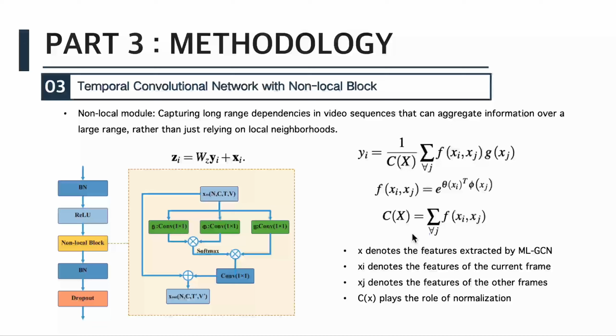Therefore, we use the non-local block, which is a mechanism for capturing long-distance dependencies in the video sequence, and can aggregate the information over a large range, rather than just relying on local information. The structure of non-local temporal convolutional layer is illustrated in this figure.